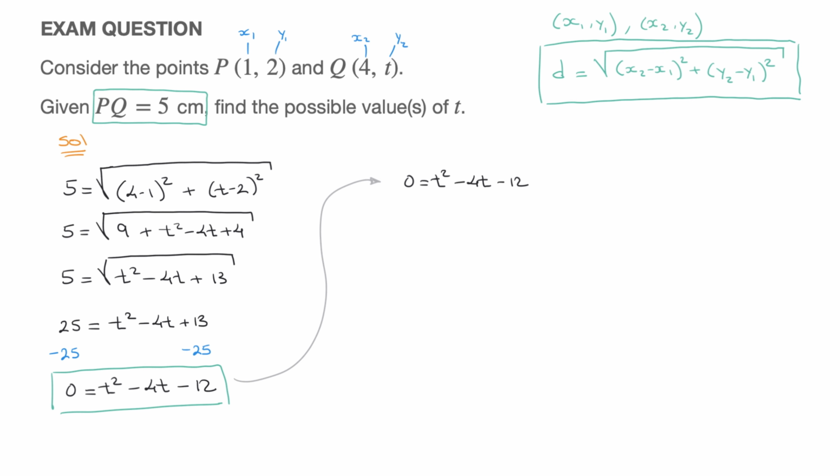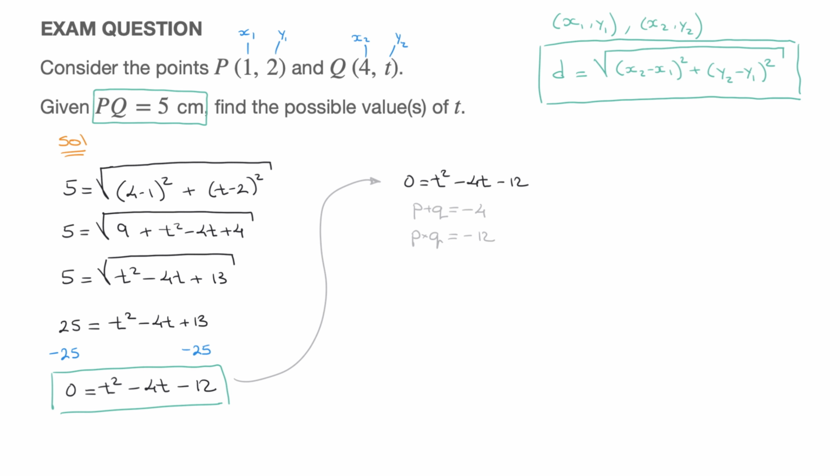So to solve it by factoring, I'm looking for two numbers, which I'll call p and q, such that their sum, p plus q, is equal to the middle coefficient, so negative 4, and their product, p times q, is equal to the constant term in the quadratic, so that's negative 12. So p times q equals negative 12.